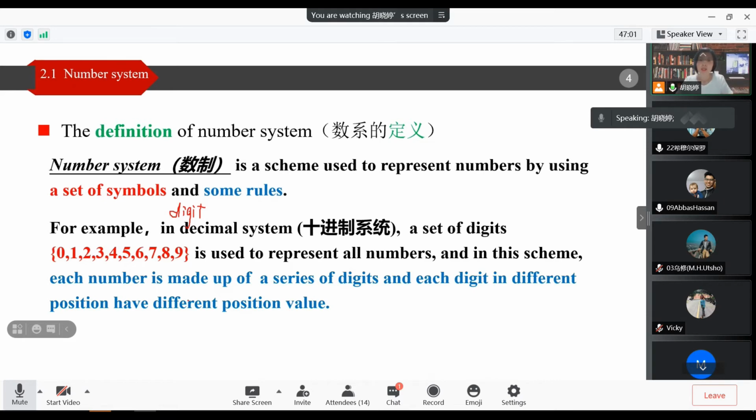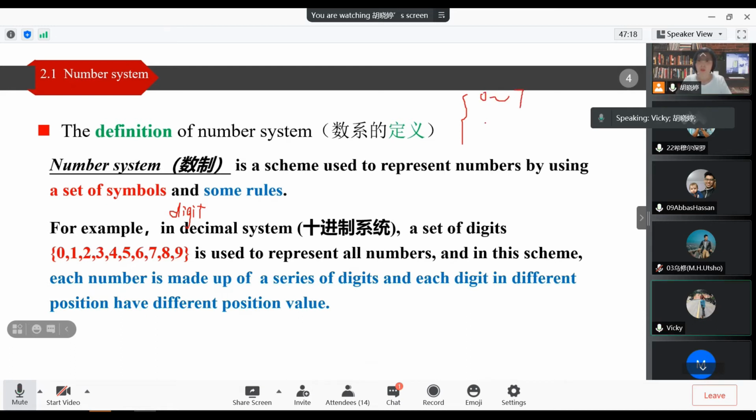So the decimal system has 10 digits, 0 to 9. The octal system has 8 digits, 0 to 7.